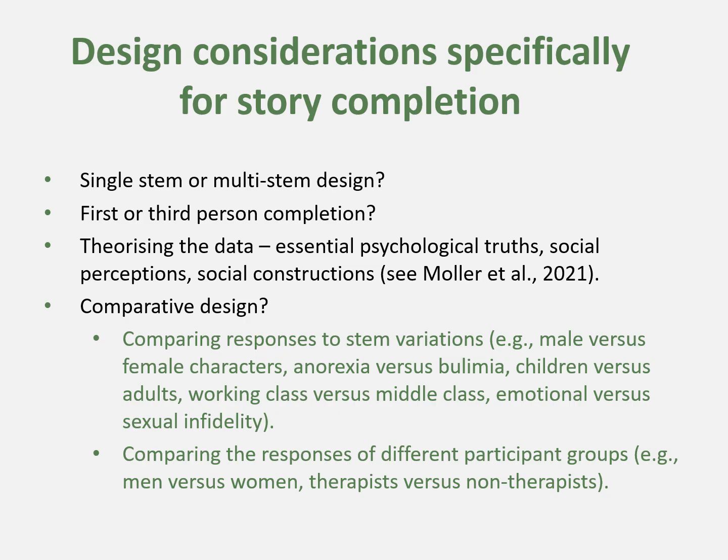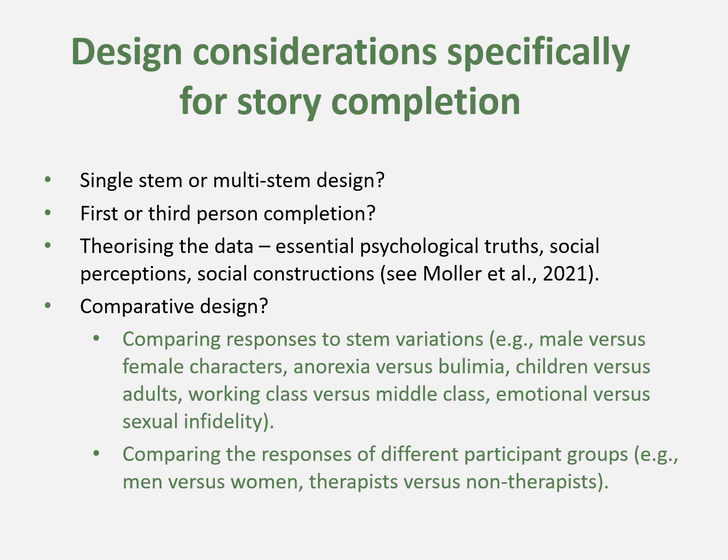So there's lots of possibilities for comparative designs and comparing how people perceive things where there's a variation in the stem. So stems are typically otherwise identical apart from the thing that's being varied that you're interested in. And there's also a history of comparing the responses of different participant groups. For the most part, these have been gender-based comparisons, so comparing the responses of men versus women.